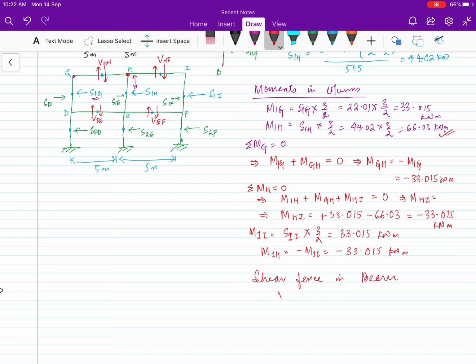So VGH, because we are calculating for the roof level, VGH is the shear force between G and H. What we are going to do is, we know it is dM by dx. So the moment difference is 33 point. So let me draw the column moment, what we have got right now.